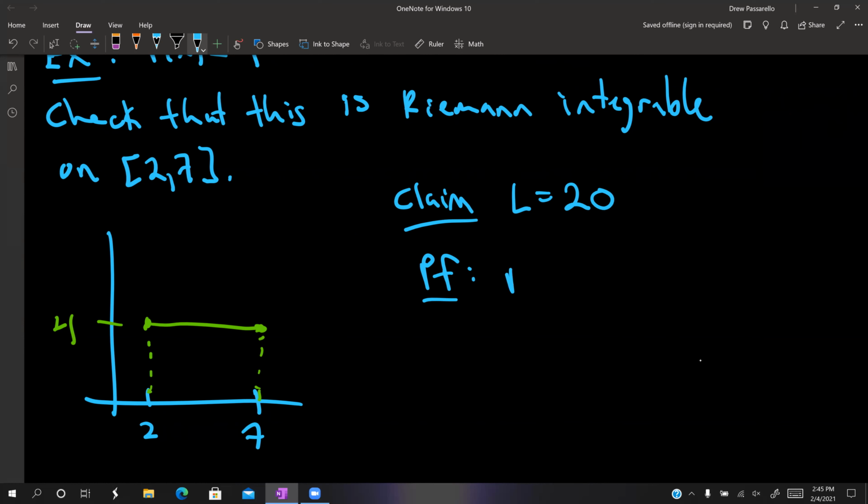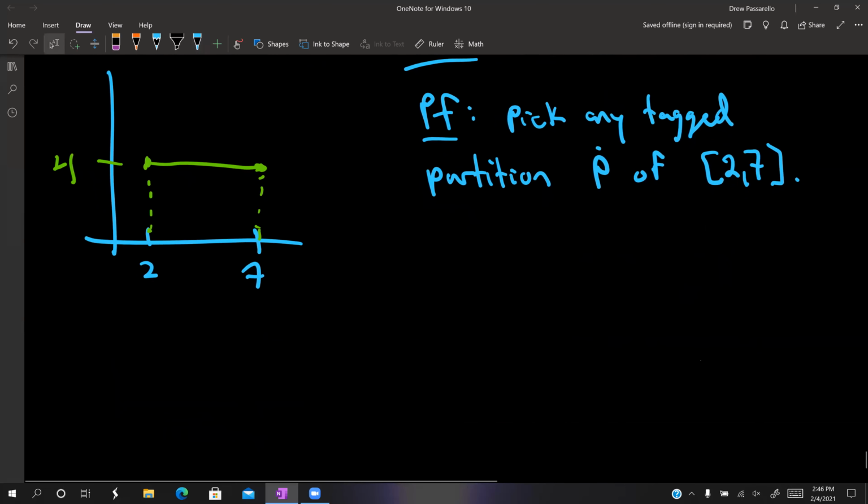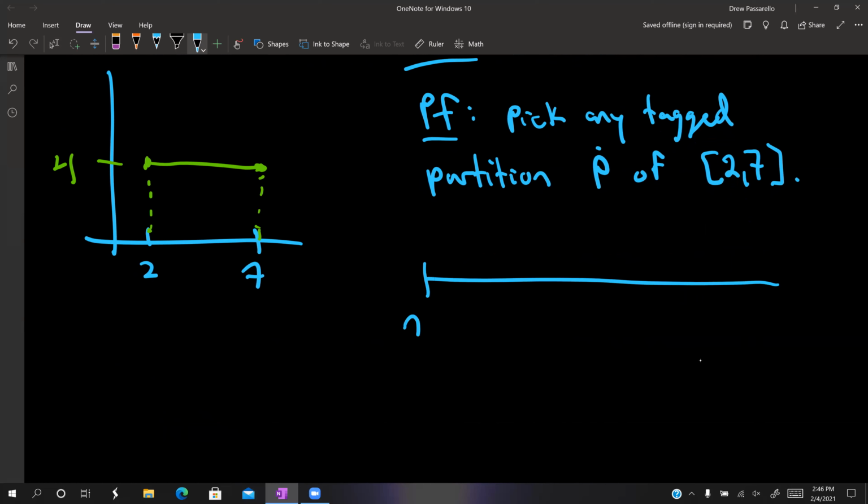So if I pick any tag partition, there's 2, this is 7, so 2 is my x naught, 7 is x n, and then I'm slicing it up, x1, x2, x3, and so forth.